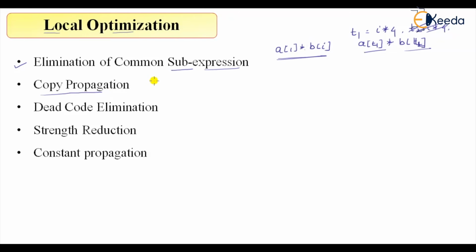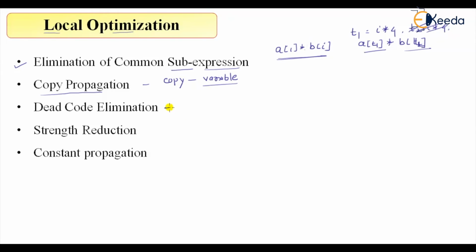The next one is copy propagation, where a copy of, let's say, a, b is there, and a copy of the variable is present, and we can propagate it. I'm not giving you any example over here; later we'll see what exactly copy propagation is.